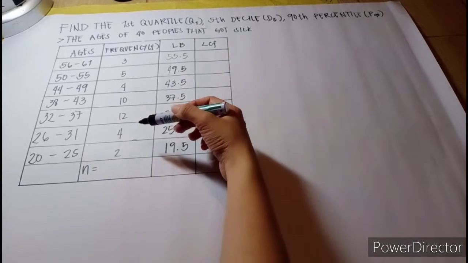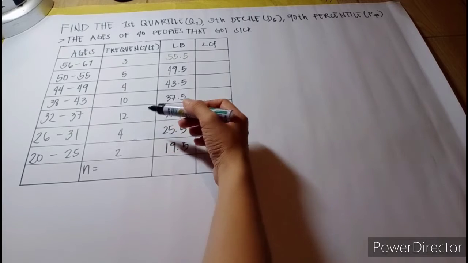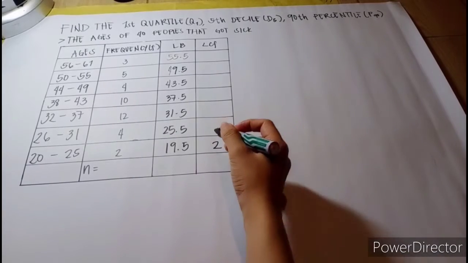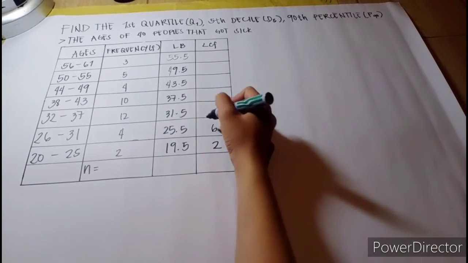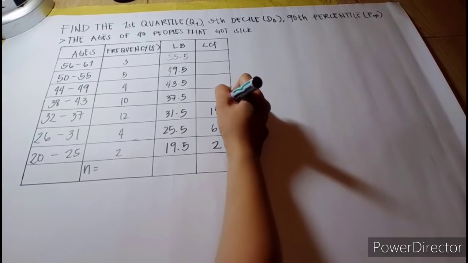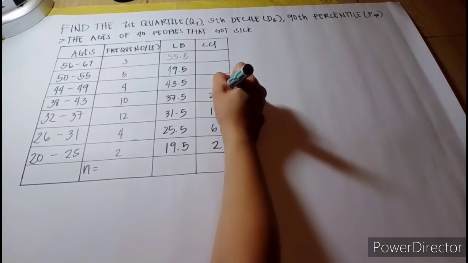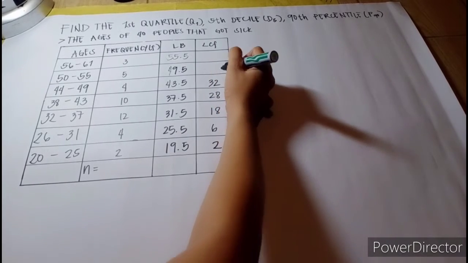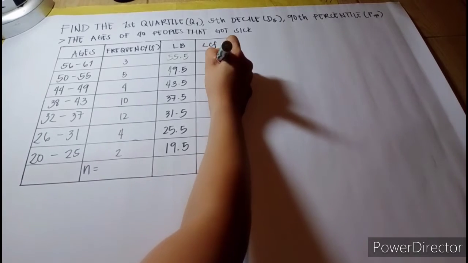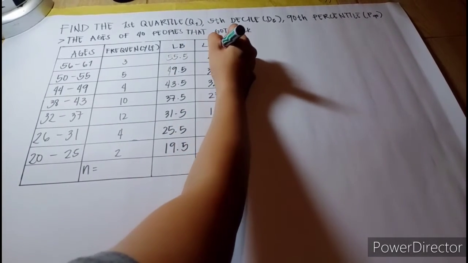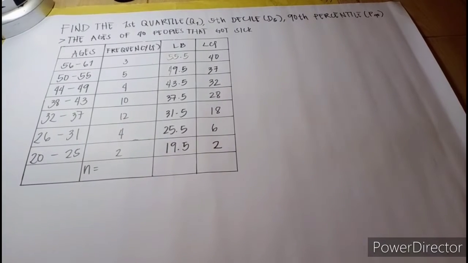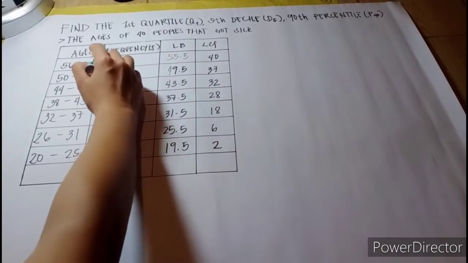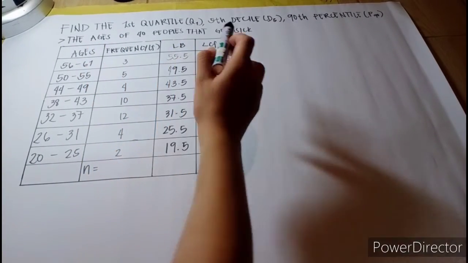So 2 plus 4 is 6, plus 12 is 18, plus 10 is 28, plus 4 is 32, plus 5 is 37, plus 3 is 40. Then our N is 40 since the ages of 40 people that got sick.